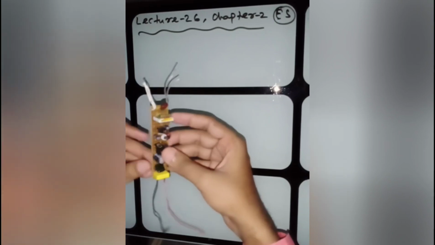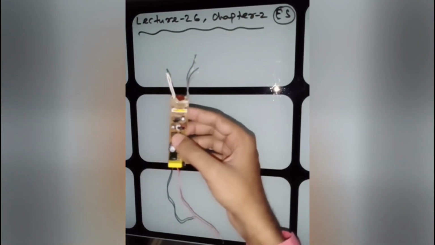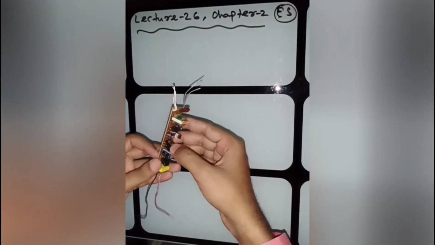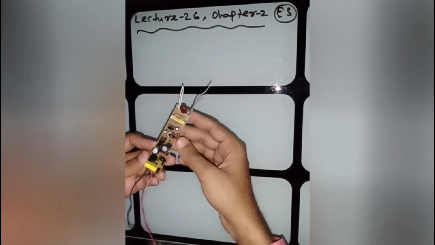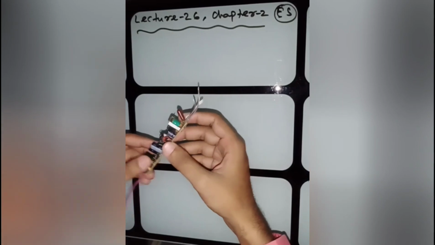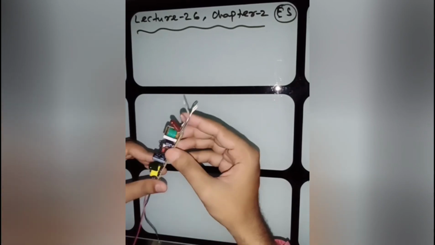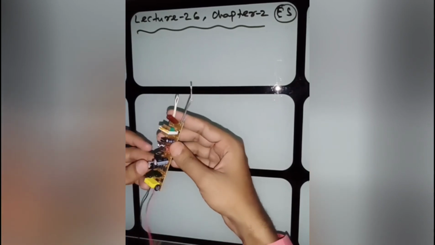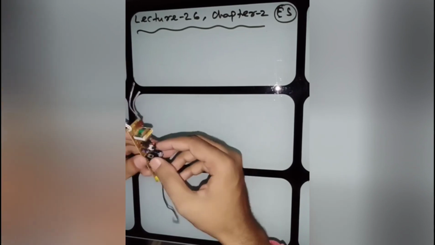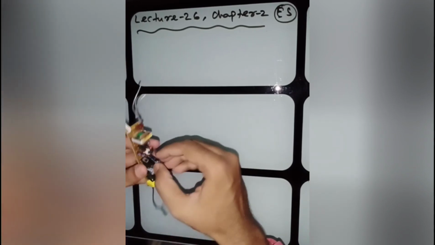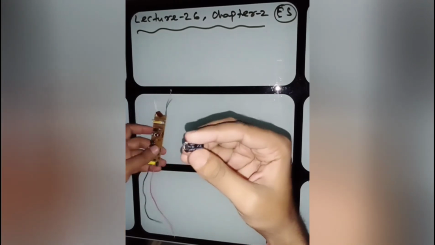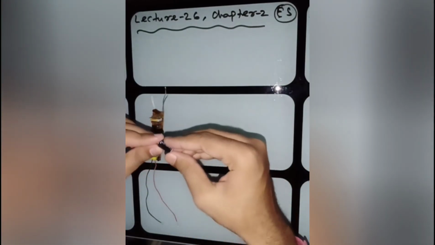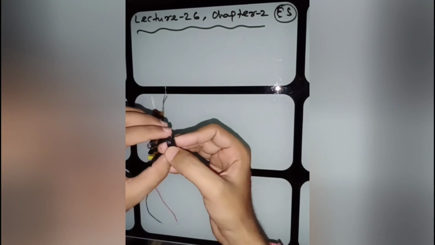We have studied 3 types of capacitor: parallel plate capacitor, spherical capacitor, and cylindrical capacitor. This circuit I have arranged from a tube light circuit. It was not in use for several days. Now you can see, I hope you are able to see clearly.